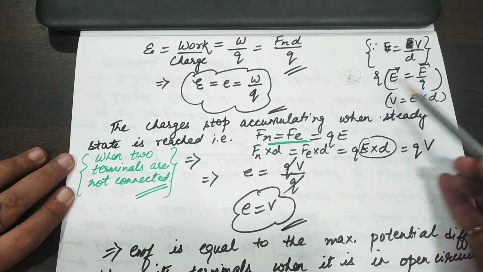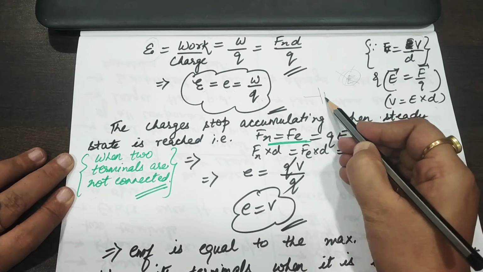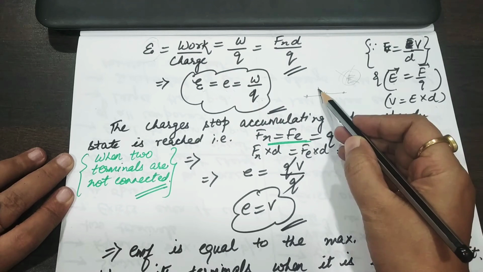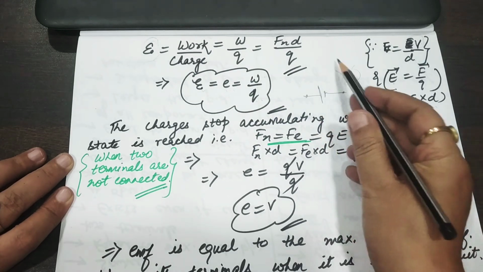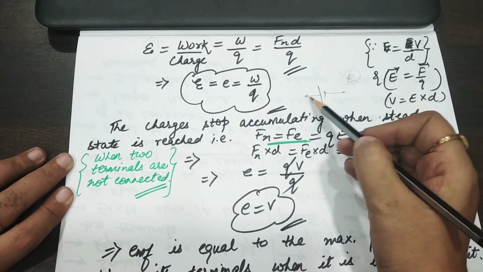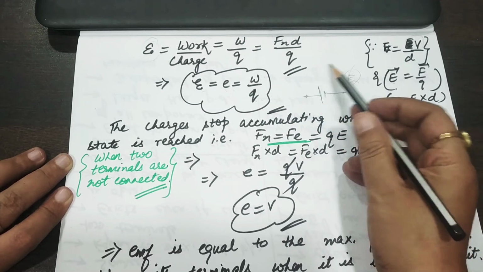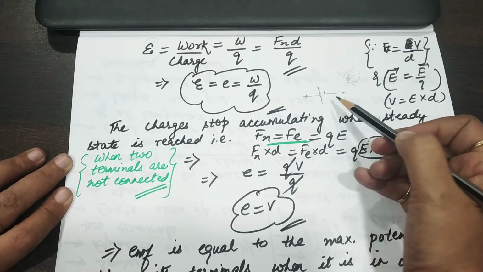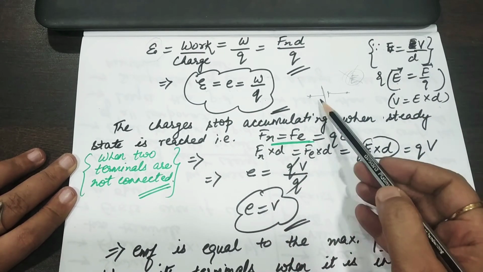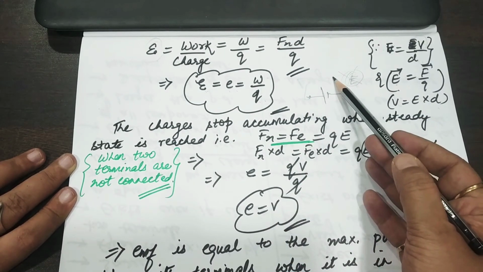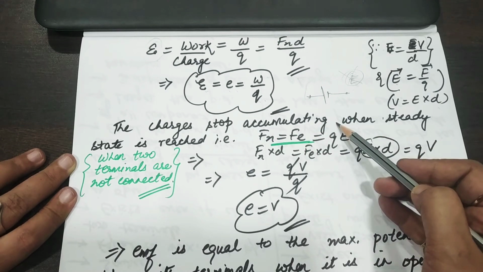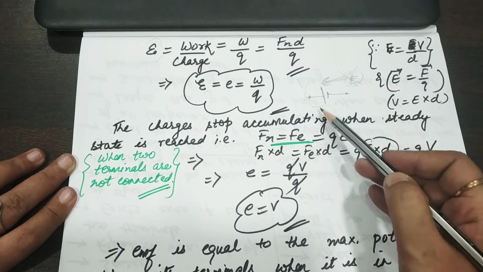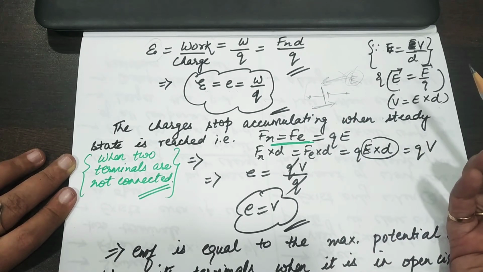Now the EMF or the energy is work done upon charge. Suppose this is a cell, and until you connect any source outside the cell, in the external circuit, it will not pass on the energy until you apply some external resistance. When the two terminals are not connected to the external circuit, the charges stop accumulating, and the force from this side and the force from this side will balance each other.